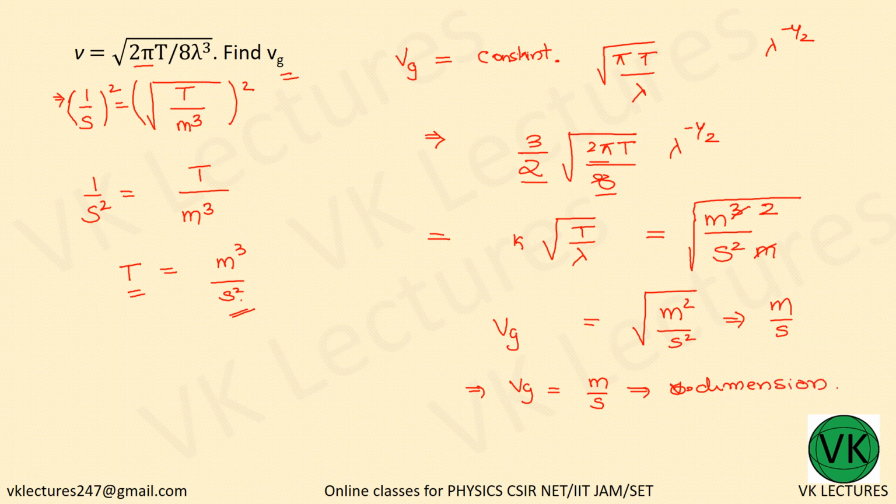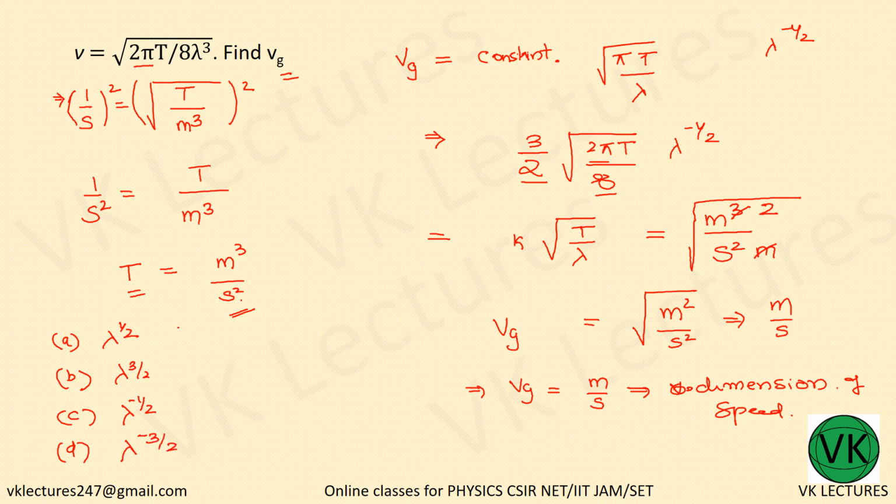Okay, dimension of speed. Now suppose in the question the options were A lambda power 1 by 2, B lambda power 3 by 2, C lambda power minus 1 by 2, D lambda power minus 3 by 2.